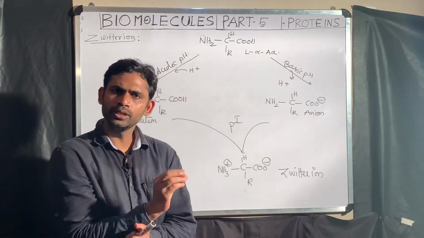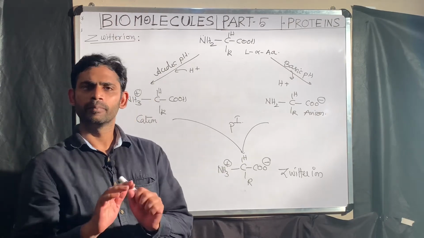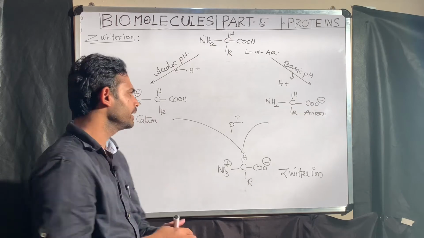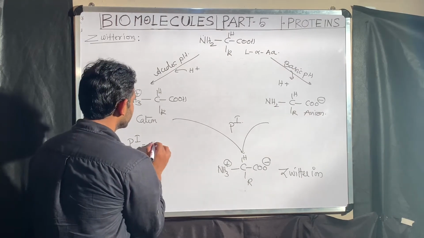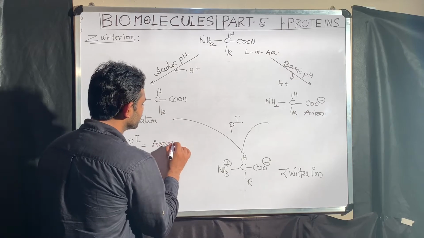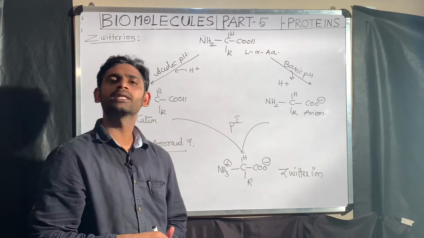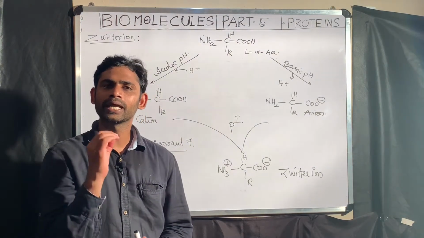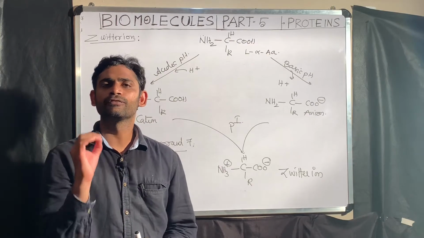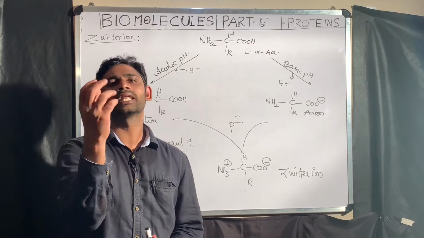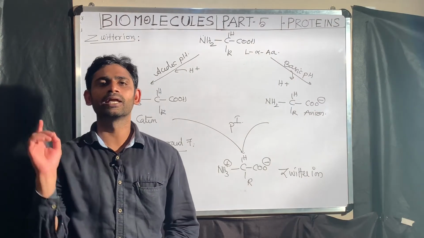So each amino acid has its own isoelectric point, but roughly, the isoelectric point of most of the amino acids is around 7. This isoelectric point and isoelectric pH is very important in a protein purification technique called isoelectric focusing that you will study in the next level. Now this is the concept of Zwitter ion.